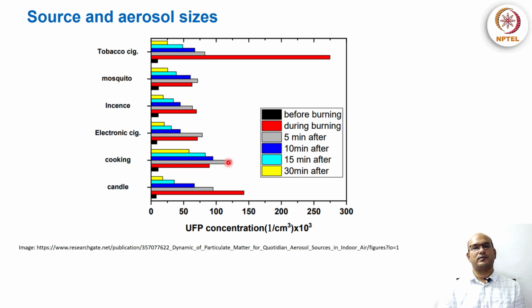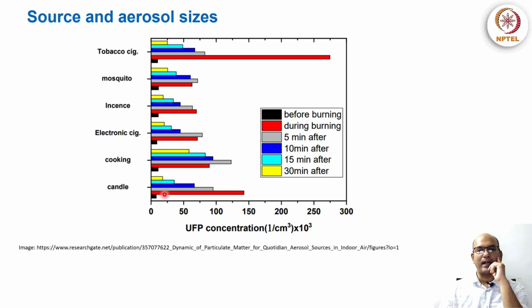After that the aerosols may deposit or accumulate, and then they grow in size and maybe there is better removal. So the concentrations have decreased, but we see here in this yellow color that 30 minutes after cooking the concentrations are still quite high compared to tobacco smoking or mosquito coil or incense or e-cigarettes or even candles. So cooking is actually leading to more lasting aerosols.